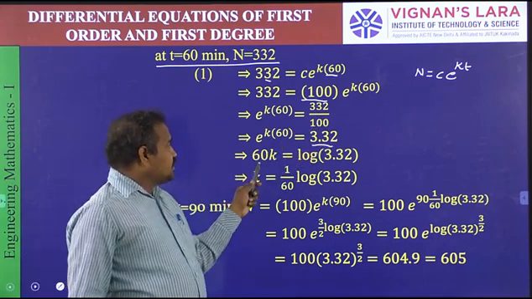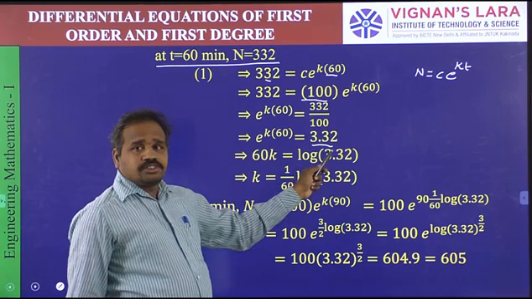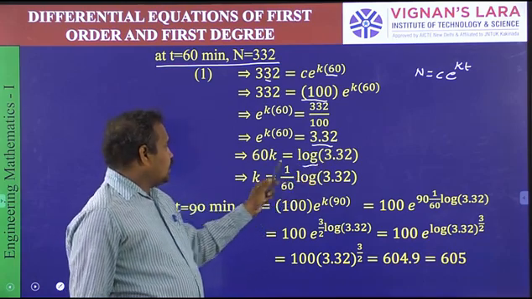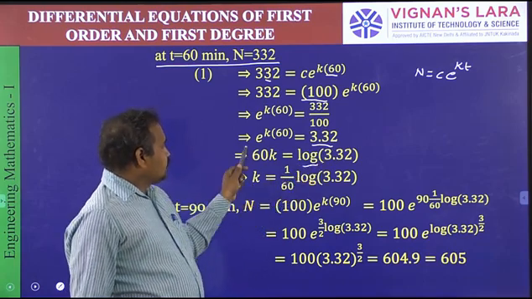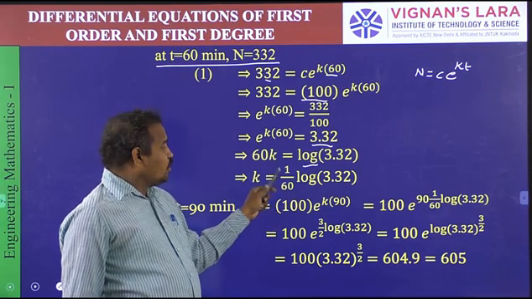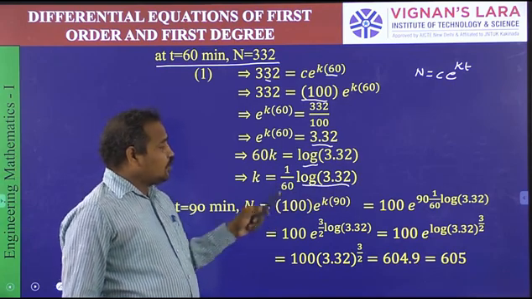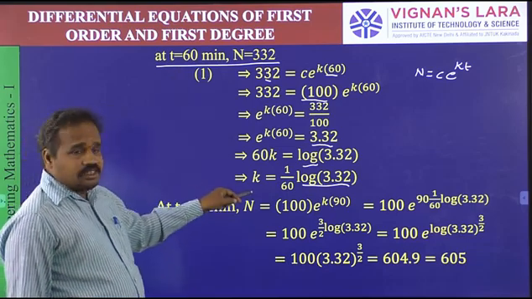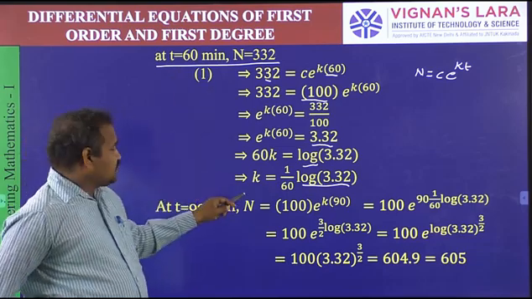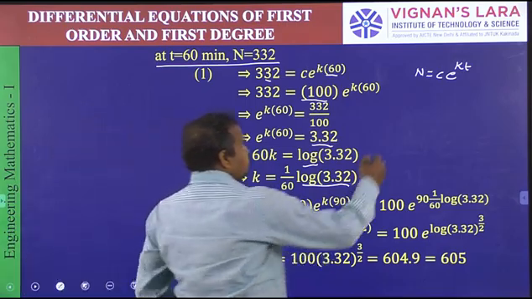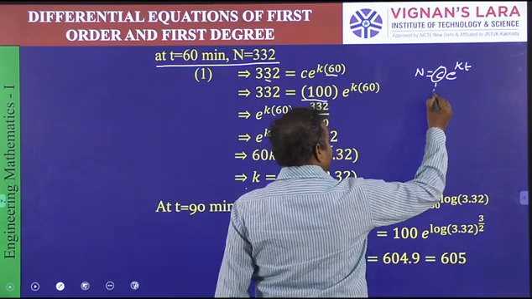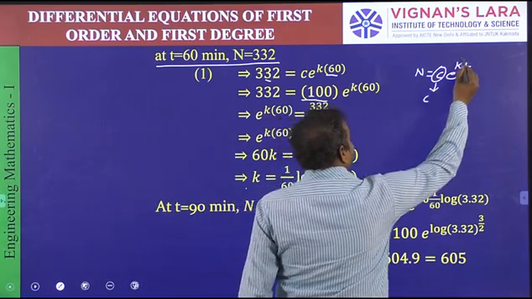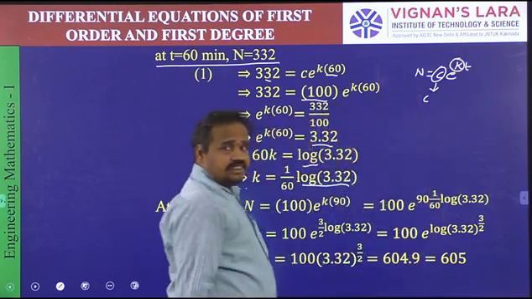That implies the exponential goes to the other side and becomes a logarithm, so k is equal to 1 by 60 into log of 3.32. So by using the first condition I calculated c, and by using the second condition I calculated k.